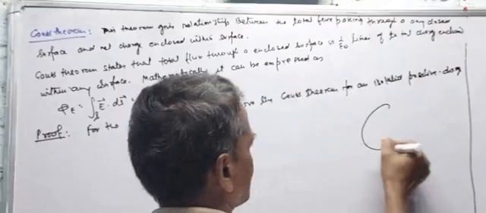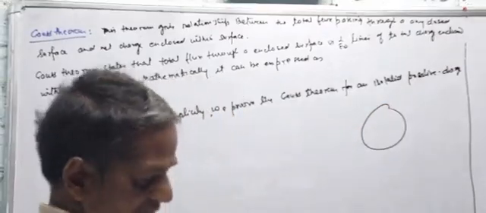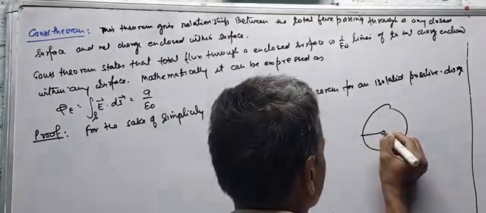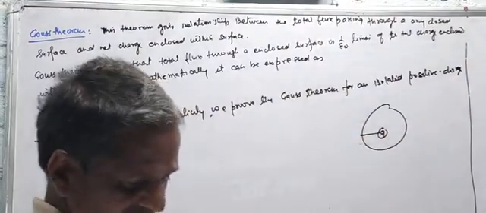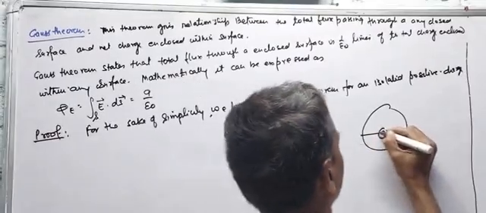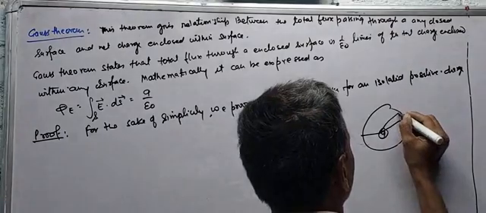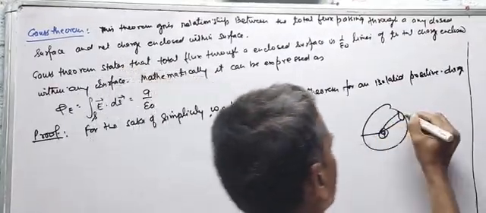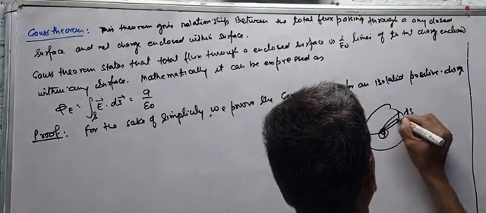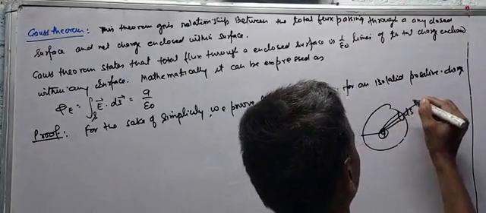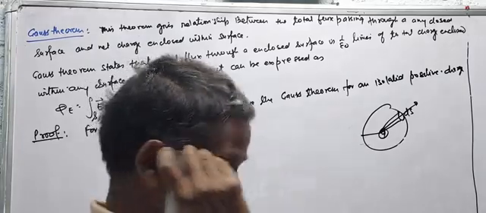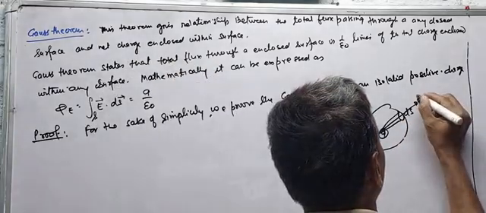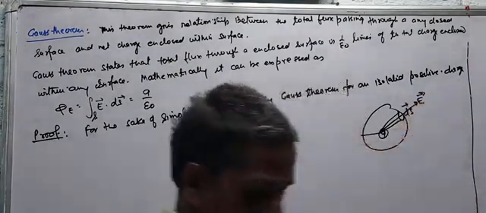This is the figure, and at the point, charge q is placed, and this is the surface area dS, and this is E vector.